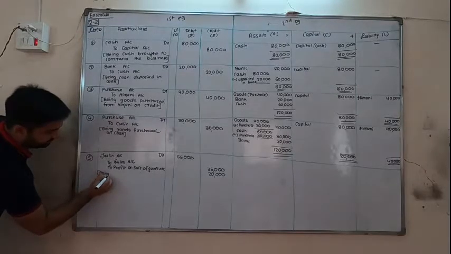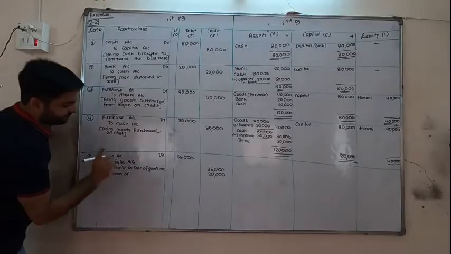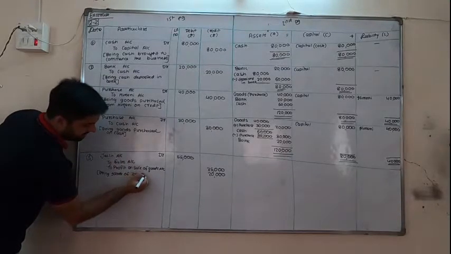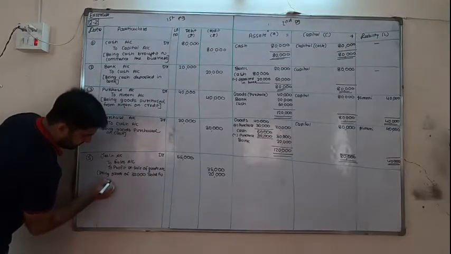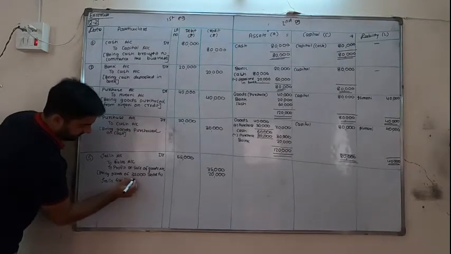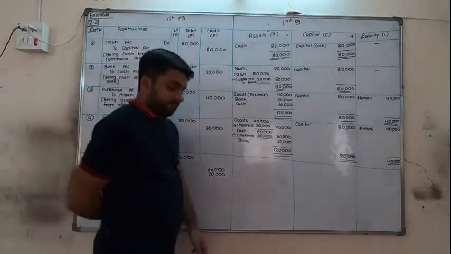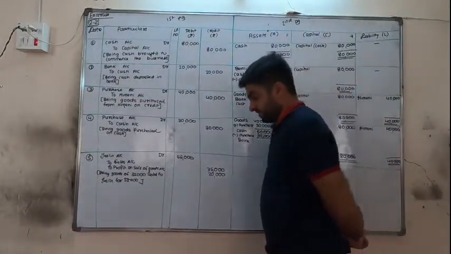B. Goods of 35,000 sold to Jocelyn for 55,000. Okay, so we have sold goods of 35,000 for 55,000 to Jocelyn.